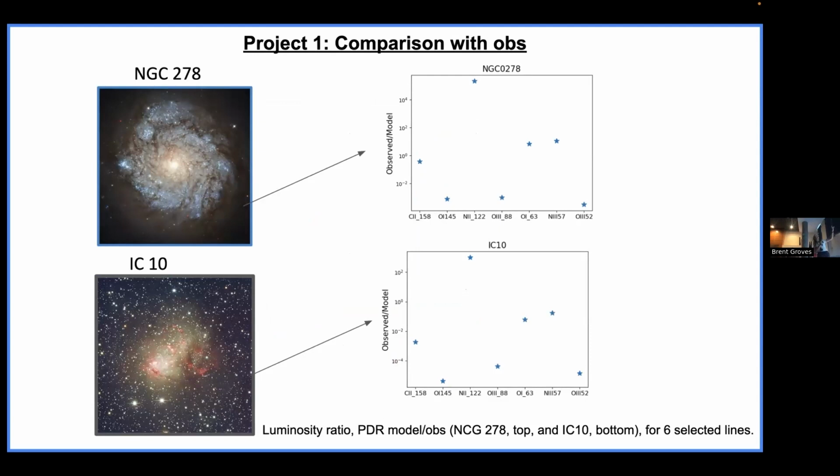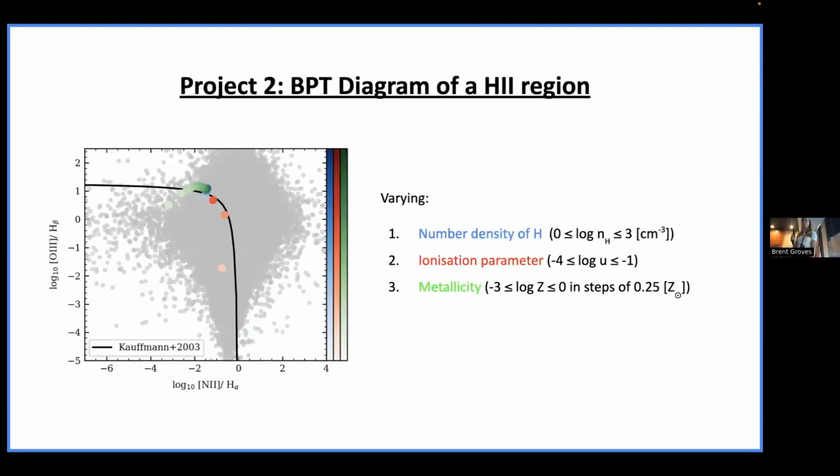You can see that for most lines it works pretty well, except for the nitrogen plus line, which is more than 4 orders of magnitude off. We think this might be because both these galaxies are star forming, and we didn't put the right parameters into Cloudy. This is something that would be very useful to play with, to learn more about these kinds of galaxies.